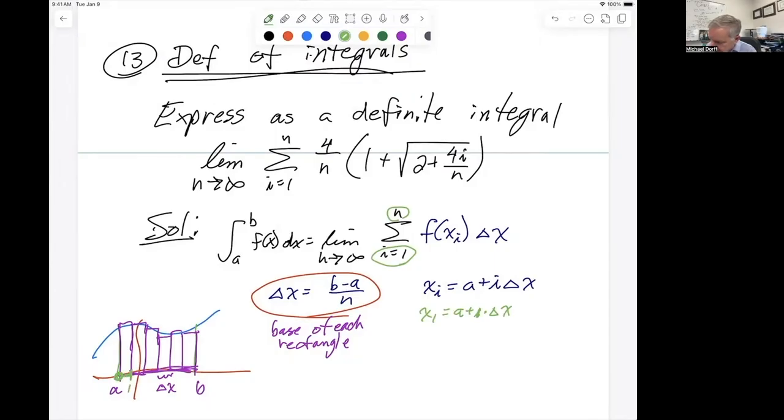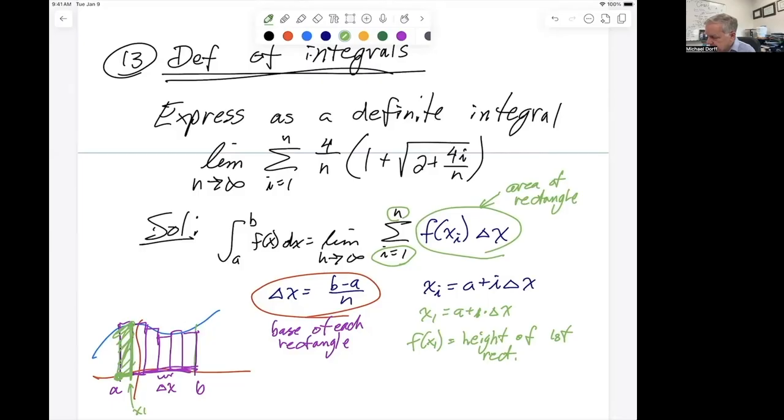This is what x sub 1 is. And when I do f of x sub 1, it equals the height of the first rectangle. So that's this point here. That's the height, and this is the base. And so when I multiply those together, I get the area. So this represents the area of a rectangle.